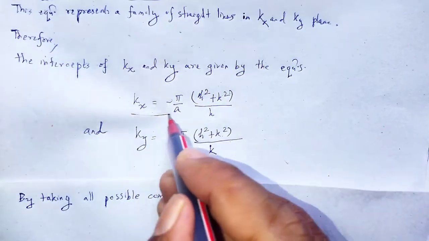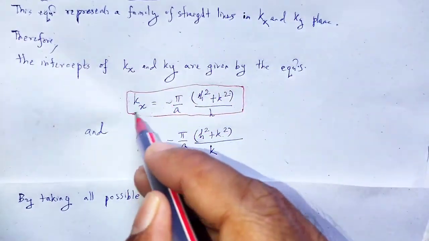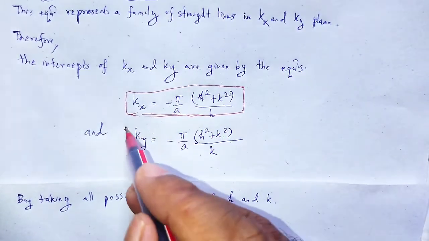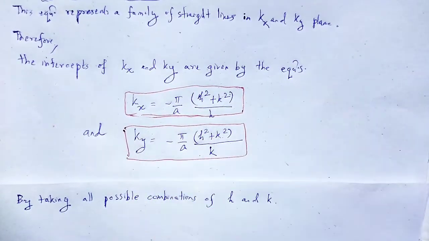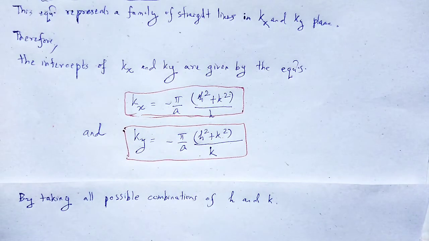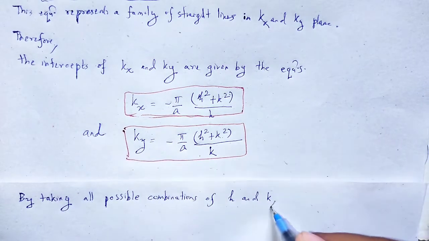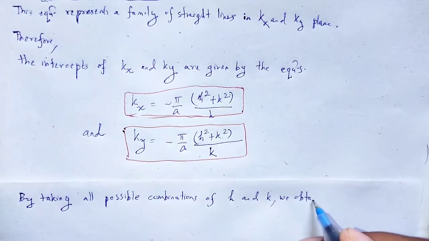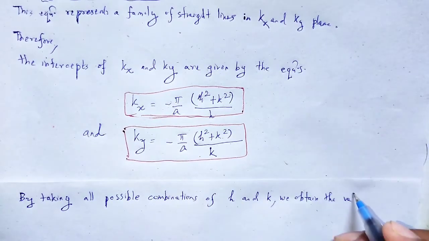So here kx represents a family of straight lines, x intercepts and ky intercepts. We obtain the value of the k vector.